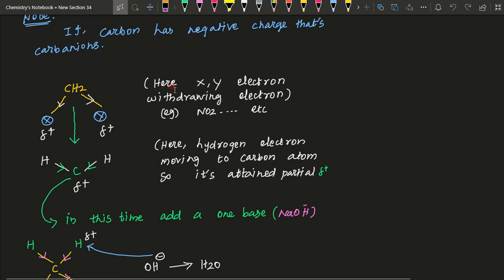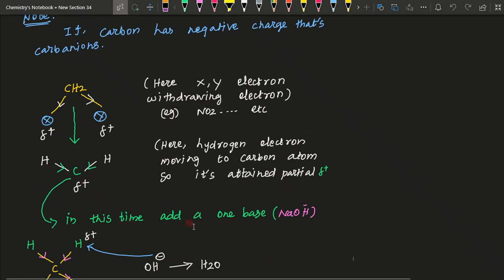See here X and Y are electron withdrawing groups. Example NO2 etc. Here hydrogen electron moving to carbon atom. So it is attained partially. So this carbon attained partially positive charge.